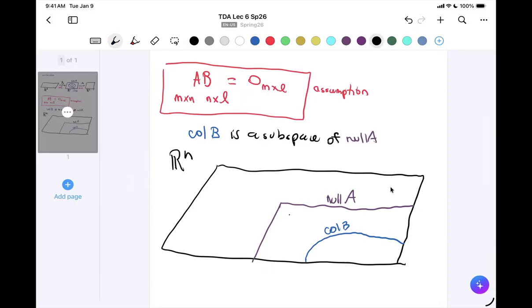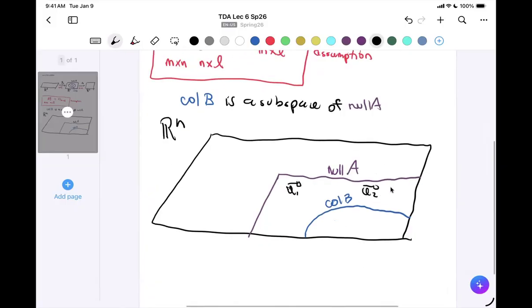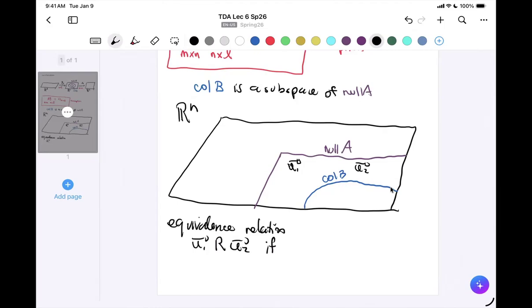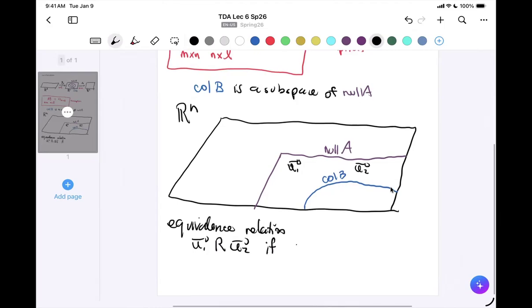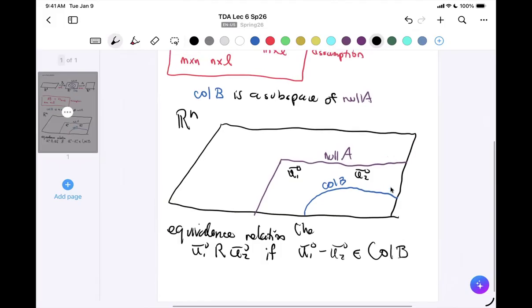let me call them U1 and U2. So the equivalence relation is that U1 is related to U2 if U1 minus U2 is in the column space of the matrix B. And here, U1 and U2 are already in the null space of A to begin with.